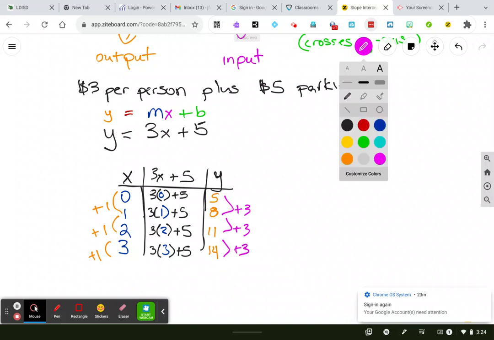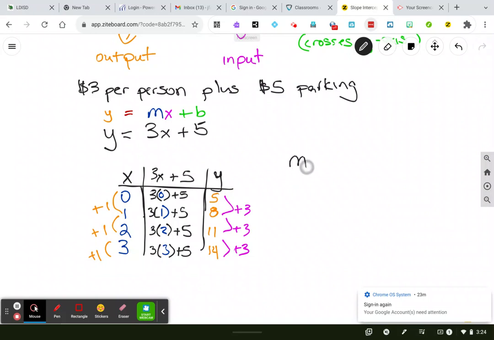So the other equation you have, m is your change in y over your change in x, which this is your slope, or your constant rate of change, or your constant of proportionality. It's called several different things. It doesn't matter. There's just a fancy word of saying that things are happening at a constant rate.